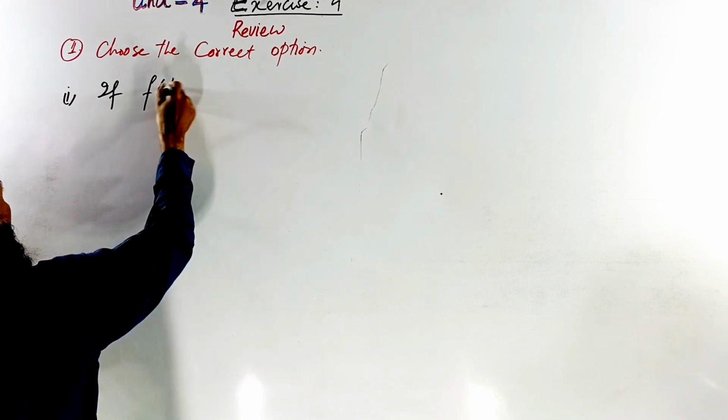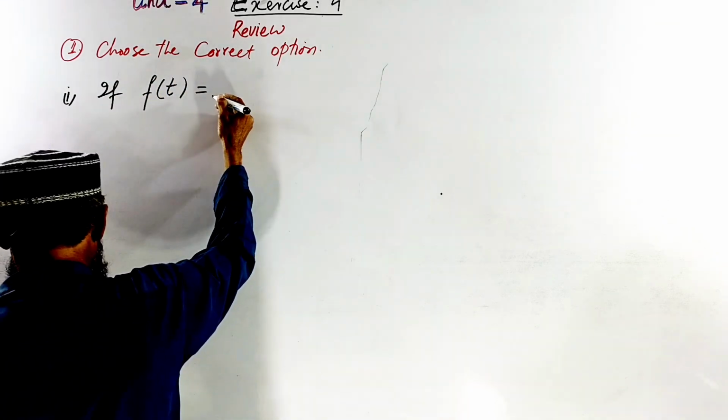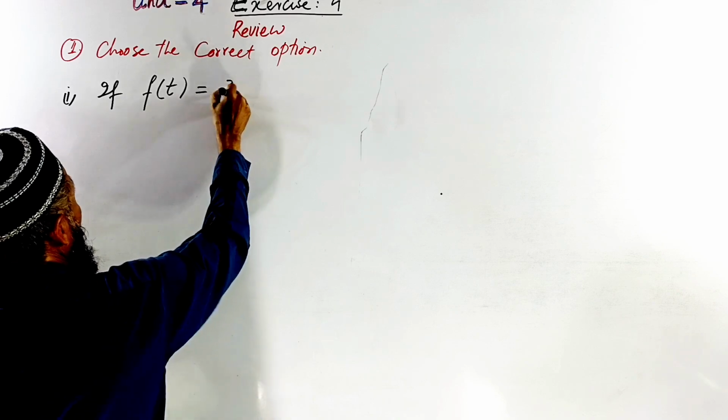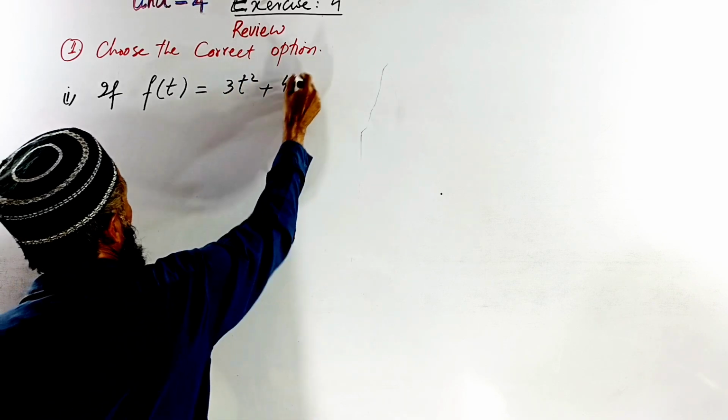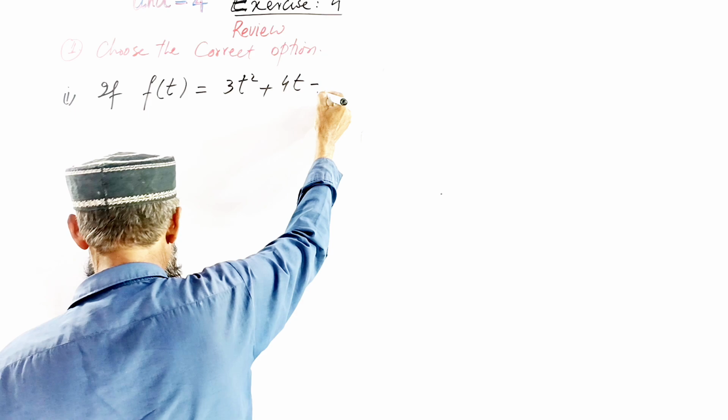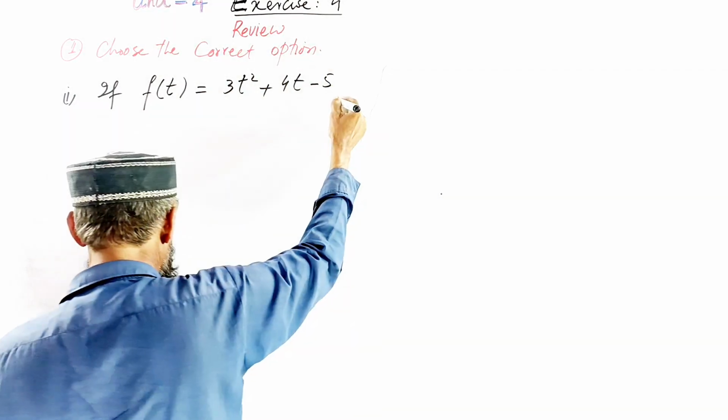f(t) is equal to 3t square plus 4t minus 5.